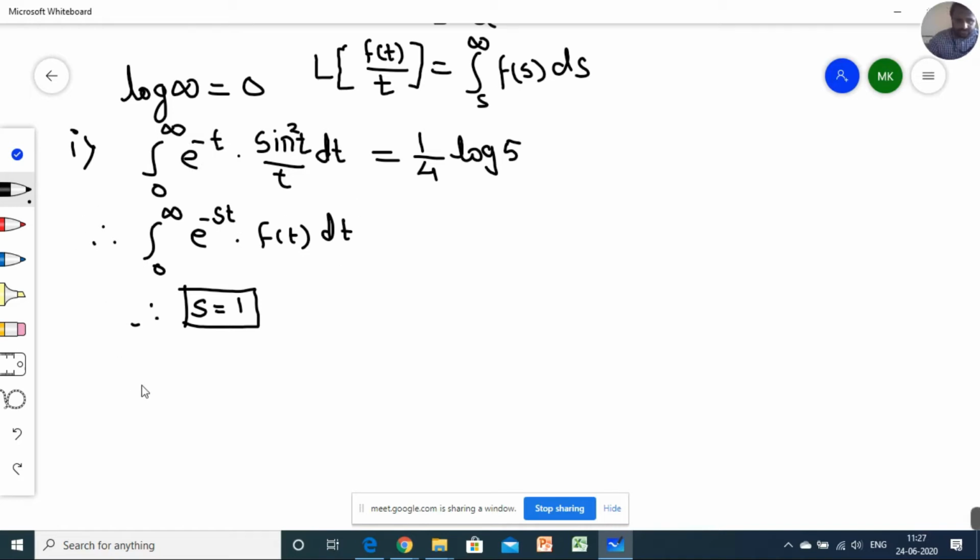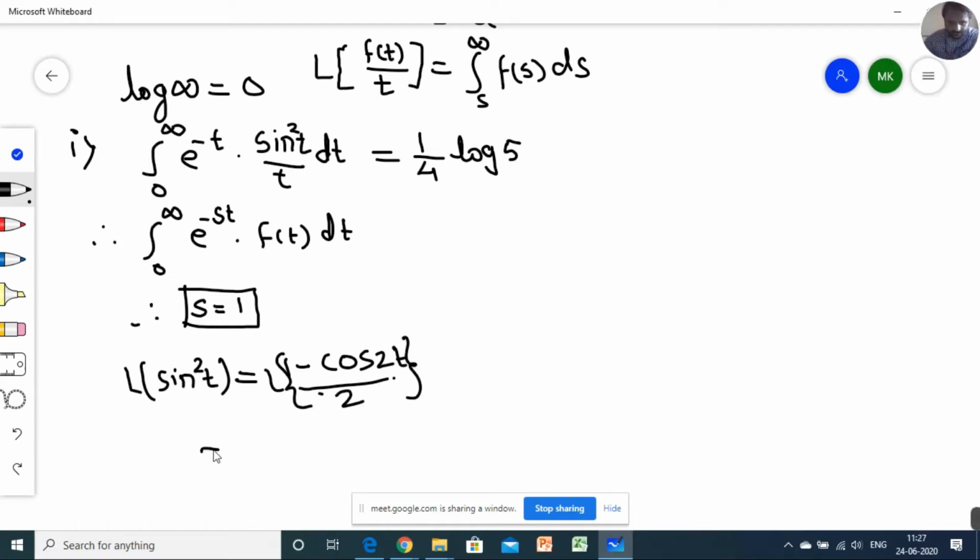Now we have to calculate the Laplace transform of sine square of t. We are not able to calculate directly the Laplace transform of sine square t, so we have to convert this function into a multiple. For sine square t, we convert it to 1 minus cos of 2t by 2, and Laplace is kept as it is.